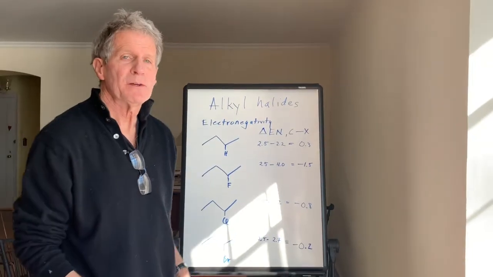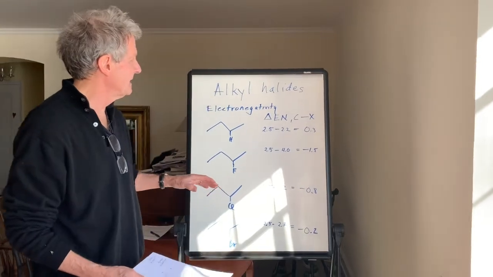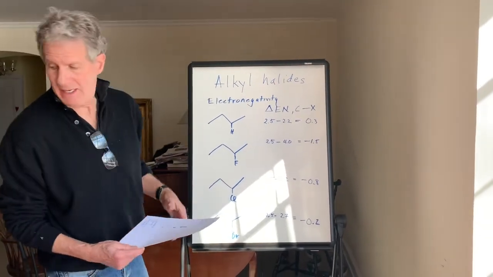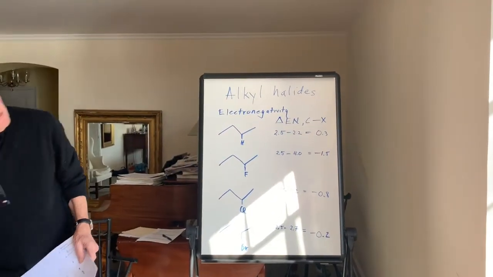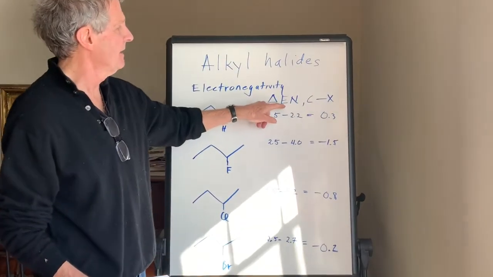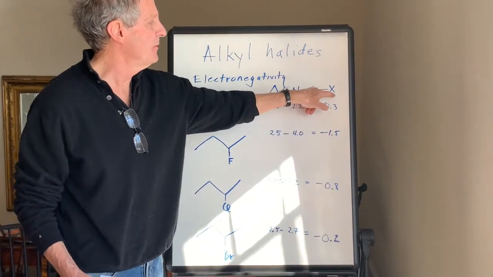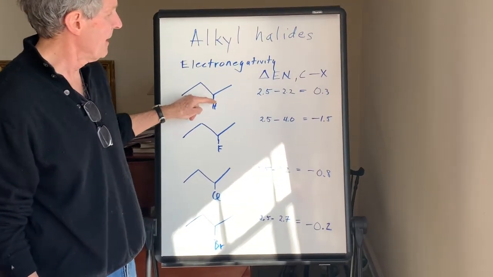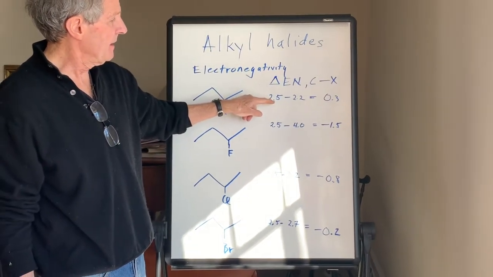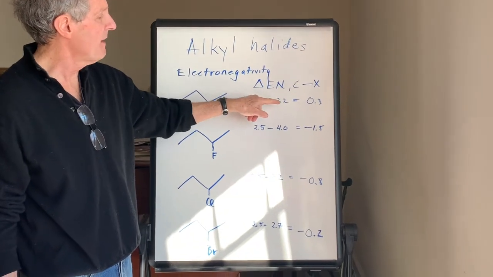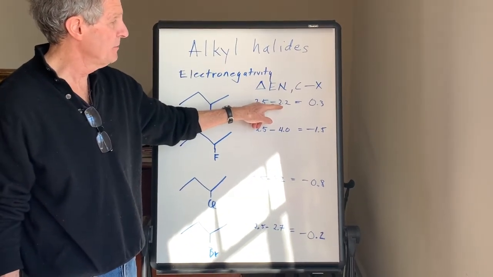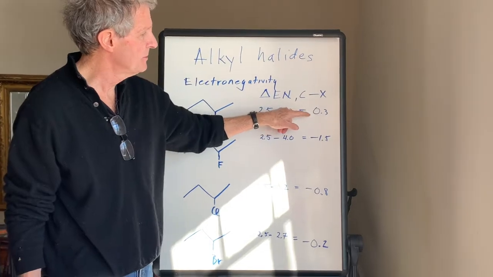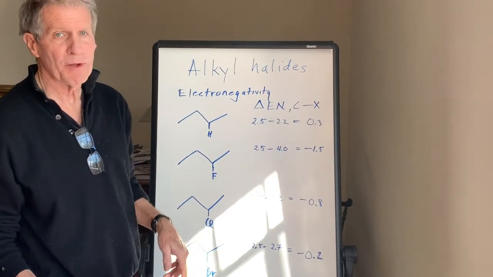So I've done a little bit of editing on this table, or a lot of editing. And what I have now is a difference in electronegativity, carbon to the other atom. So in the case of a carbon to hydrogen bond, the electronegativity of carbon is 2.5, the hydrogen is 2.2. 2.5 minus 2.2 is 0.3.